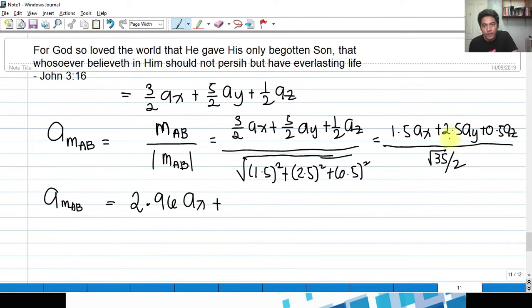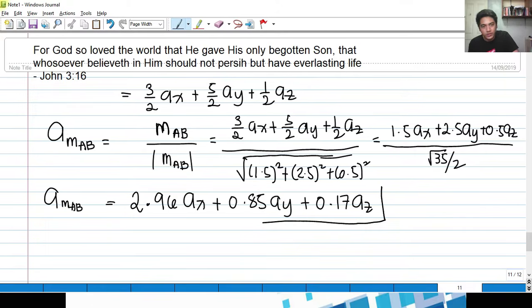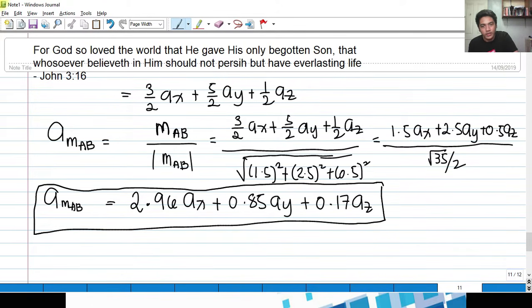Plus 2.5 divided by square root of 35 over 2, that is 0.85 a sub y. And lastly, plus 0.17 a sub z. So this is the unit vector joining the origin to the midpoint of A and B.